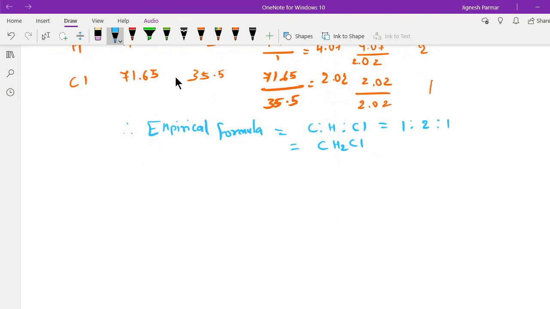What is step number 2? Step number 2 is the calculation of molecular formula.